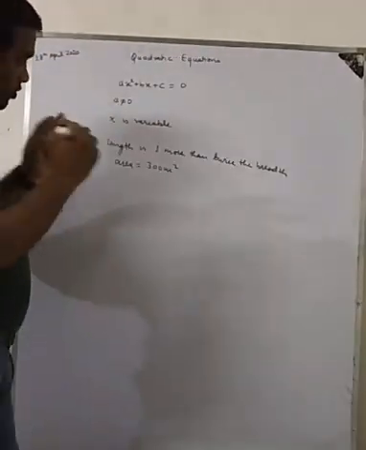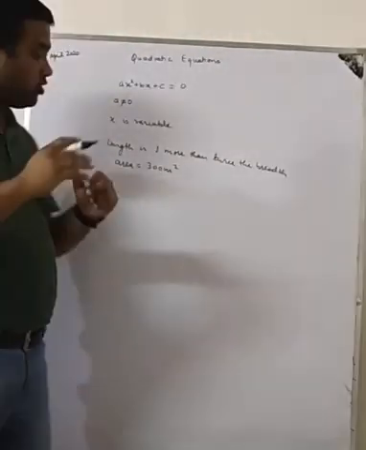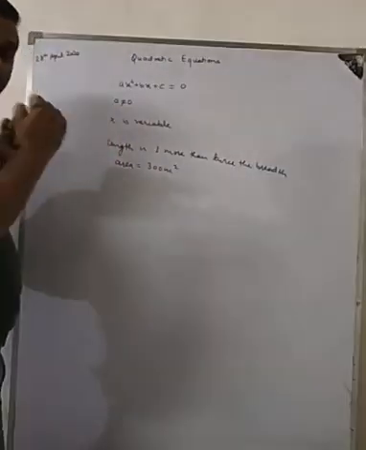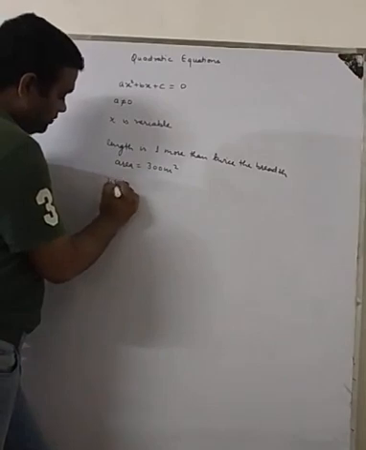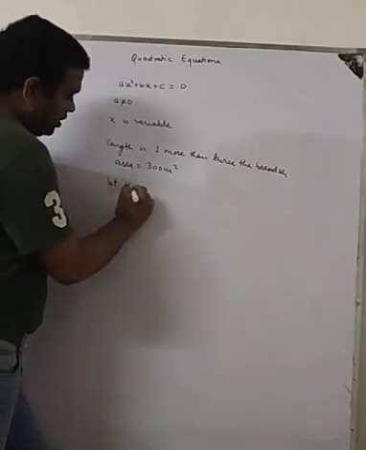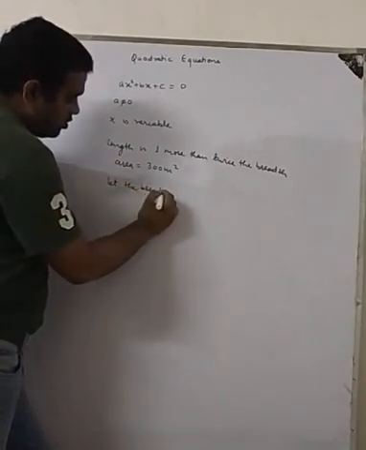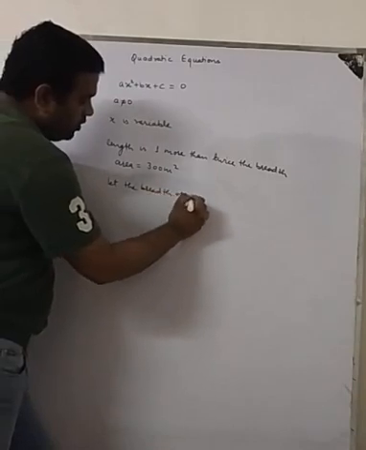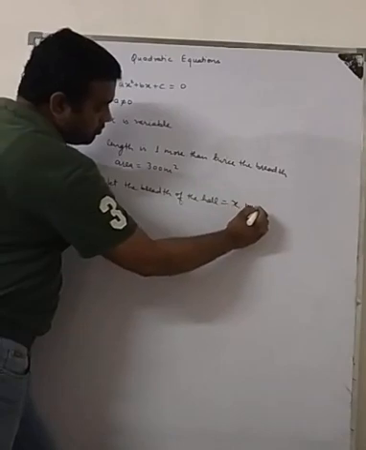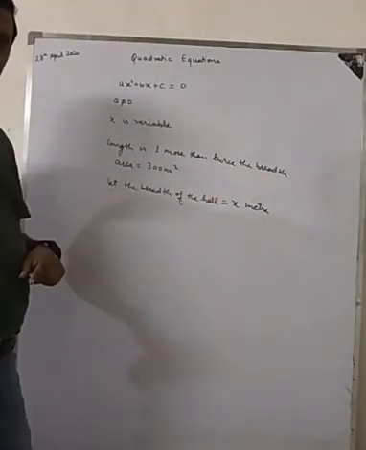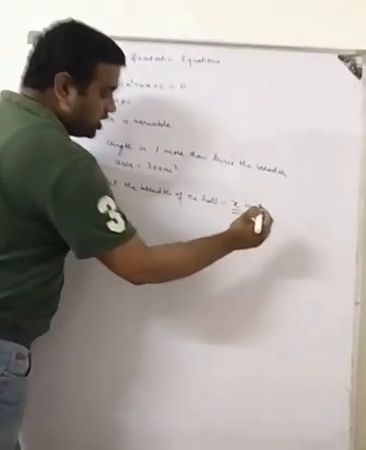So we are going to represent this situation as a quadratic equation. How are we going to represent this situation as a quadratic equation? We say let the breadth of the hall be x meter. So I am taking breadth as x meter.